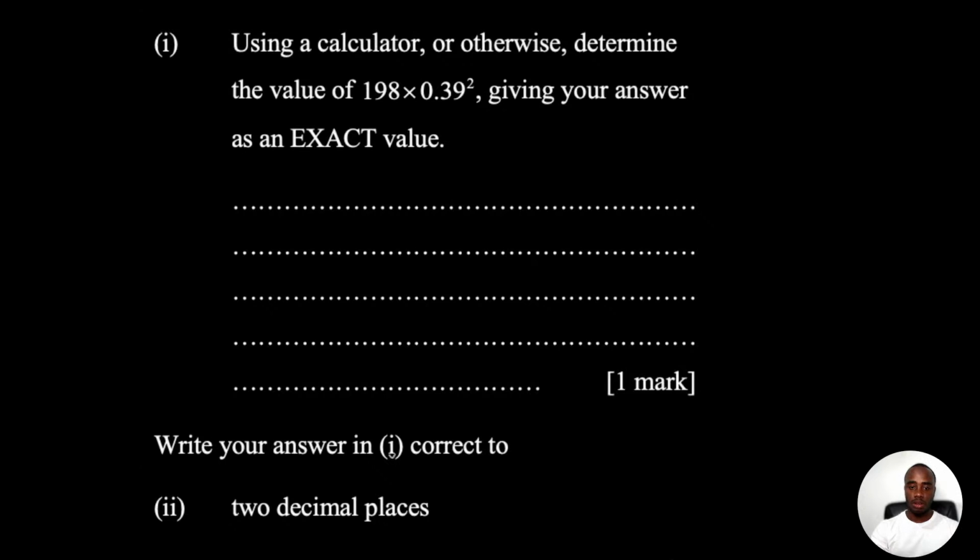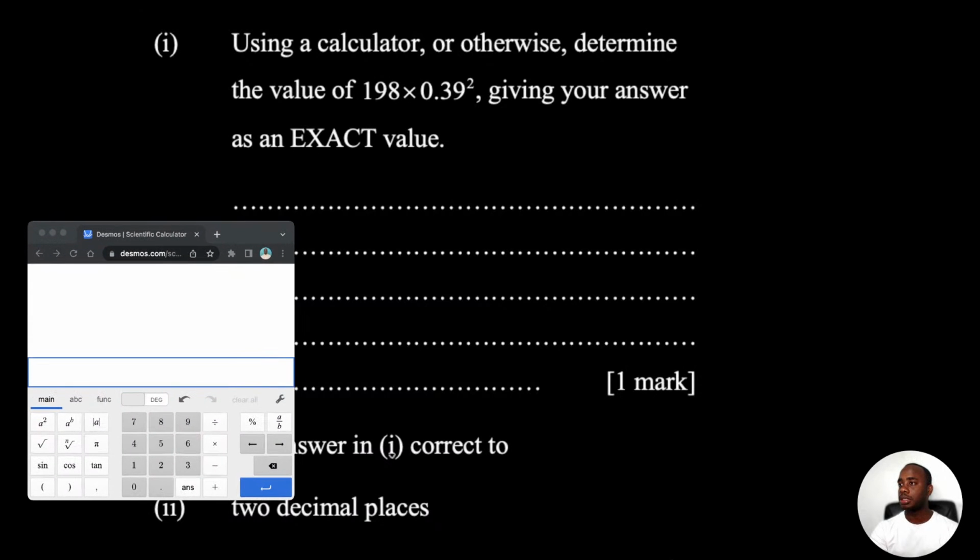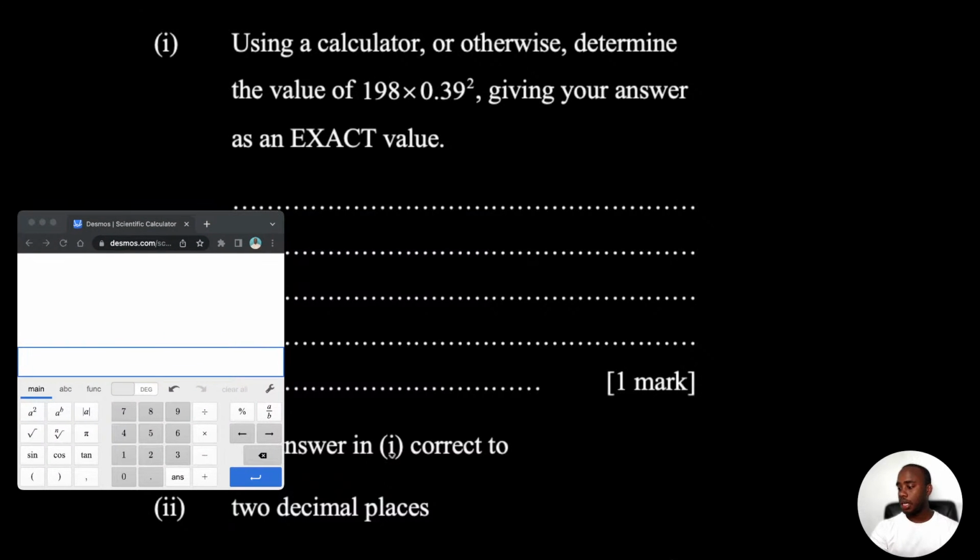I wonder if you guys see, yeah, you see the calculator now, right? Let me make it a little bigger. All right. So first, it says we want to calculate the exact value of 198 times 0.39 squared.